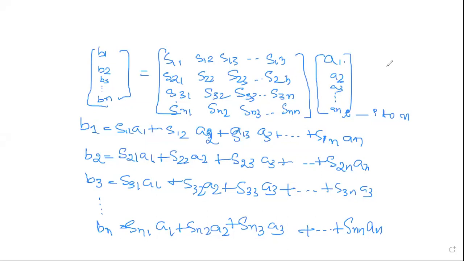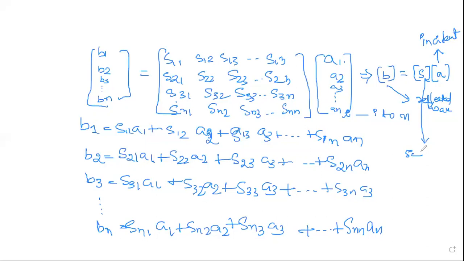So in general, I can write the same equation as matrix B equals matrix S into matrix A. Here B is the column matrix of reflected waves, A is the column matrix of incident waves, and S is the scattering matrix of reflection coefficients, which is an n cross n matrix.